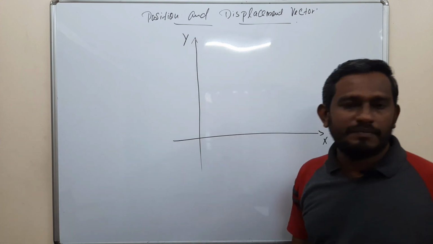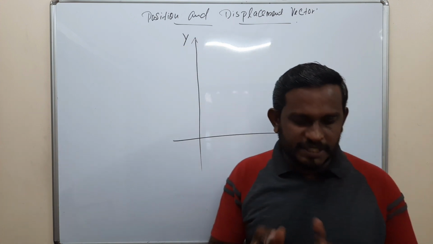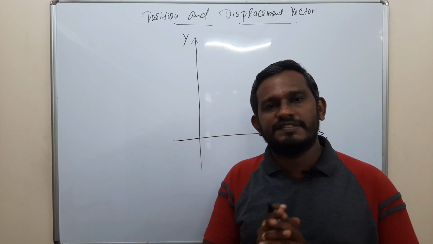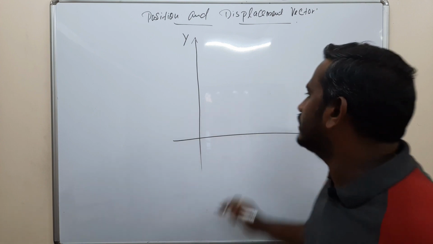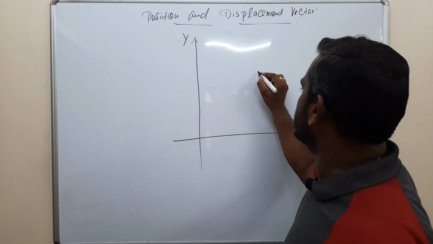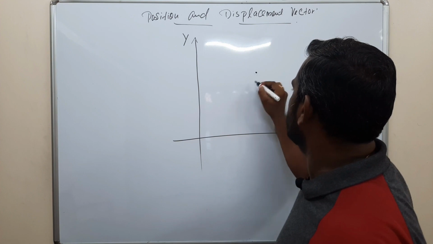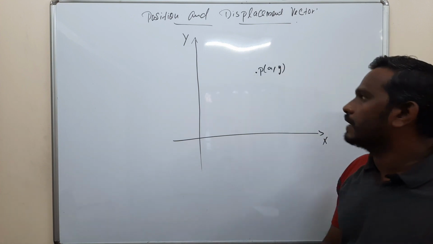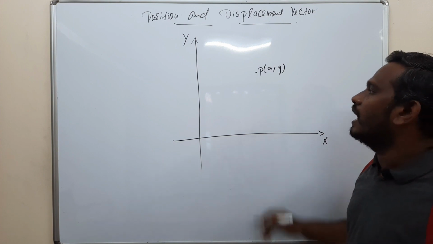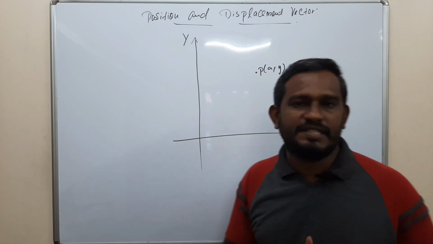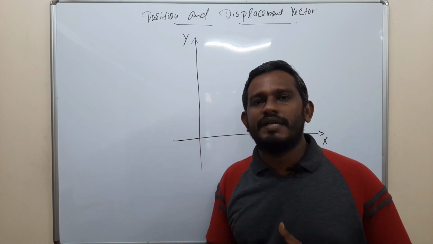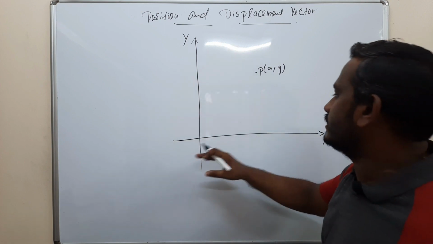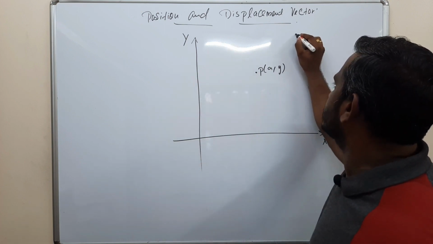The position of the object is represented in terms of x distance and y distance. Suppose P is an object here, so we write P of x comma y, where x and y are the distances along the x coordinate and y coordinate respectively. Such a coordinate system is called a Cartesian coordinate system.